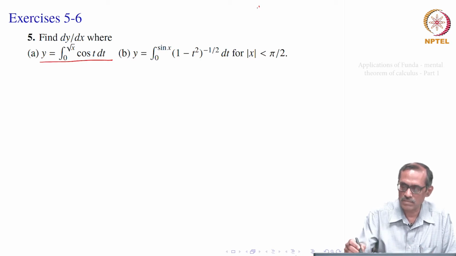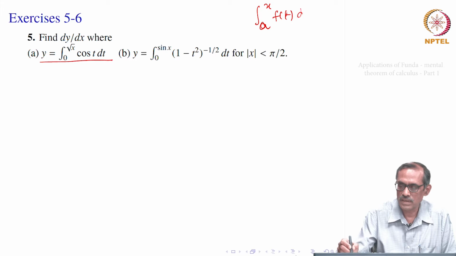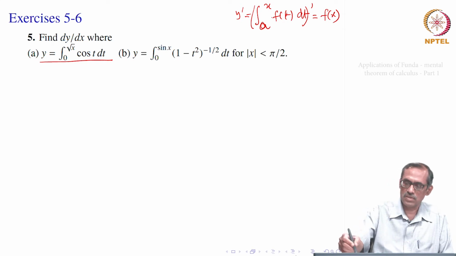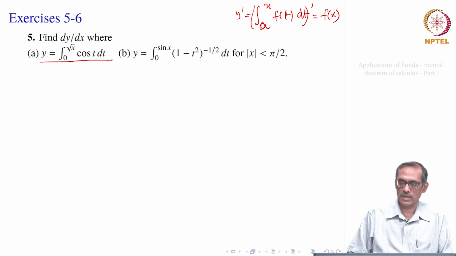Our fundamental theorem says that for any a to x of f of t dt, if you take this as function y, then dy by dx, that is y prime, will be equal to f of x, provided this function is continuous and so on.